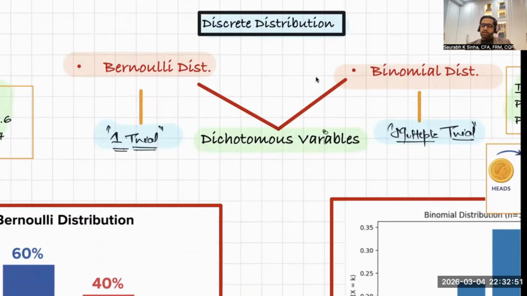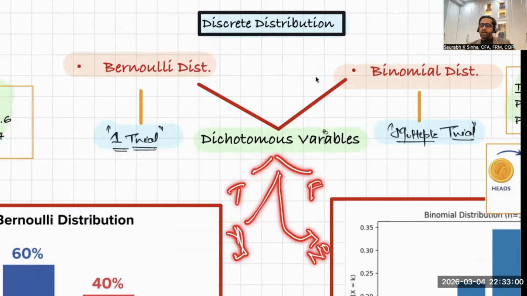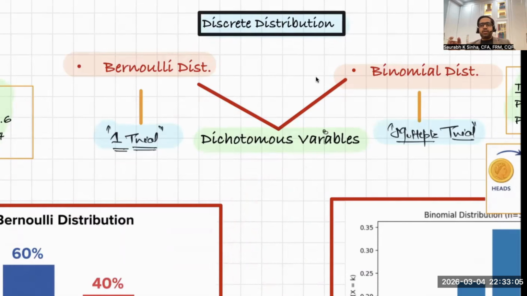For example, true and false, yes and no, 1 and 0, success or failure. Whatever variables in this world which have only two possible outcomes, then only you can use Bernoulli distribution and binomial distribution. Otherwise, you cannot. So if the entity has only two possible outcomes, you'll use Bernoulli and binomial distribution.